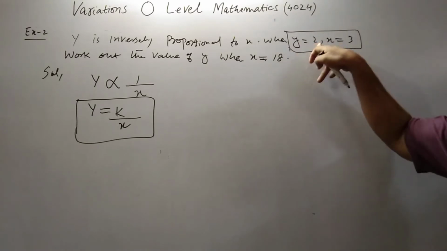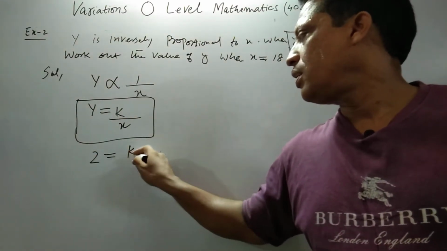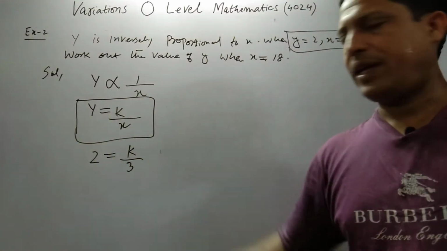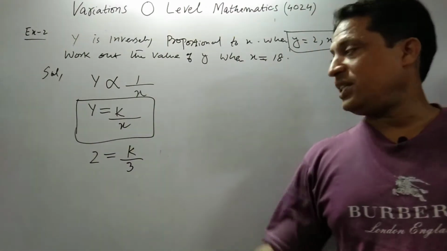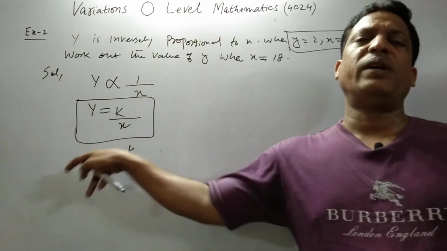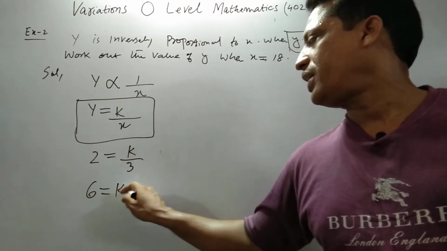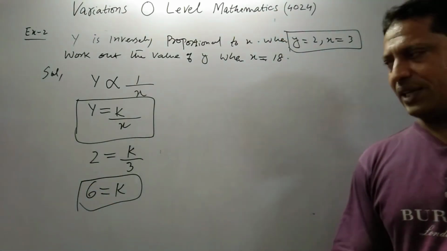What is the value of y? 2. So we have to put 2 over here. What is the value of x? 3. We have to put 3 over here. This 3 is divide, then this should multiply on this side. So 3 twos are 6 is equals to k. K is equals to 6.